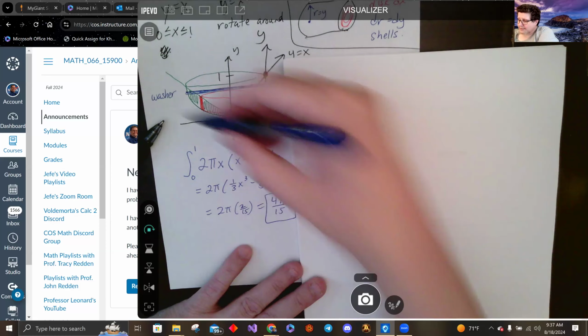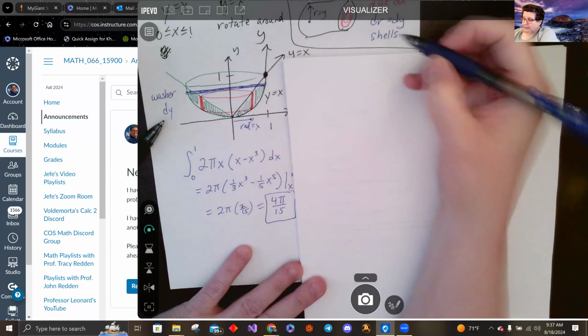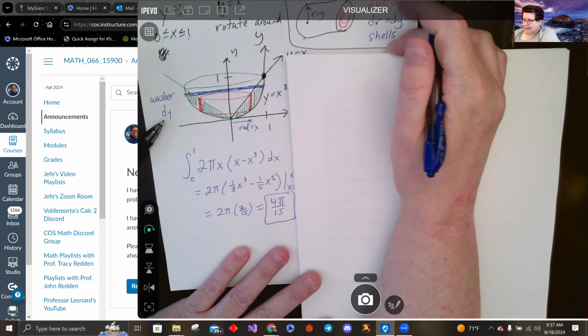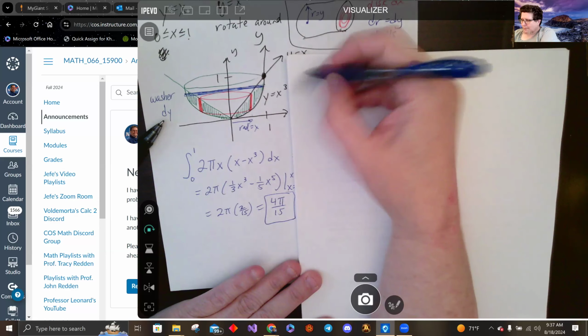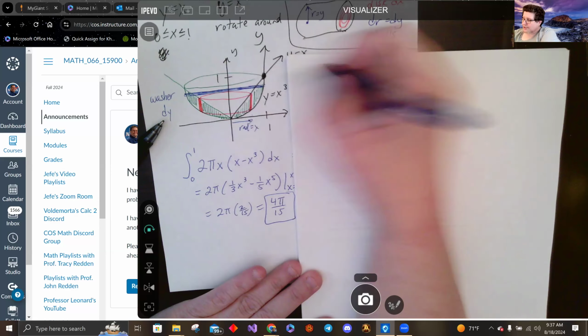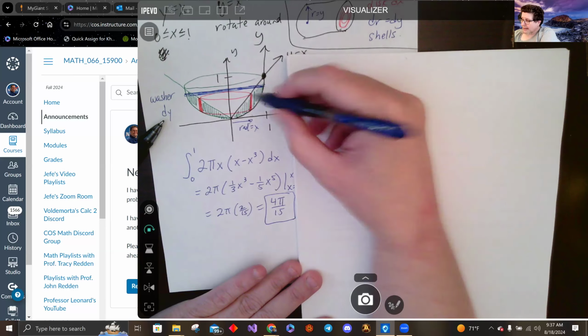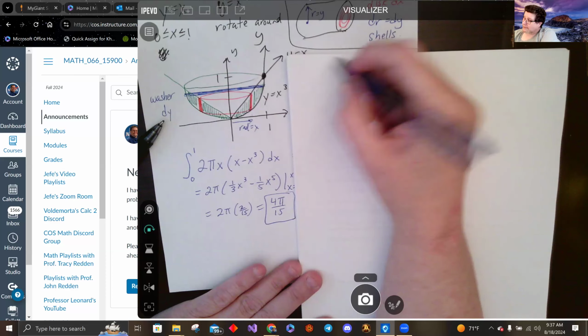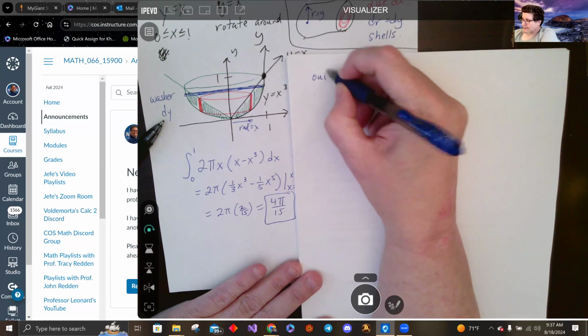So here, this method's going along dy. And we're adding up all of these washers. So the washer is the outer radius minus the inner radius, right? Outer minus inner.